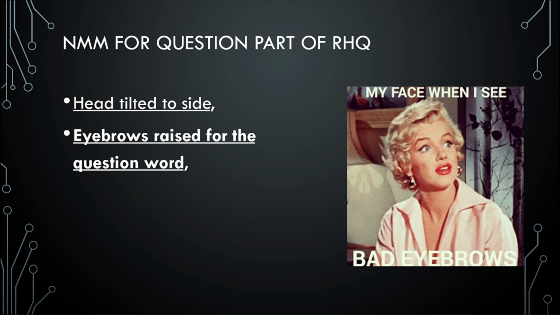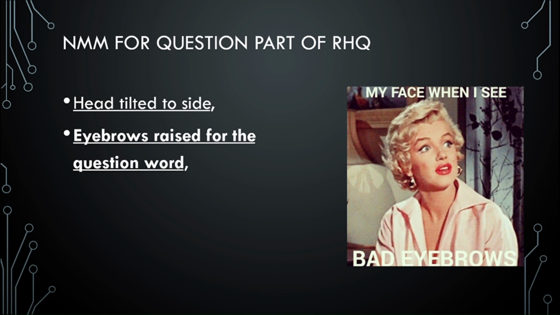But if we're looking at why, that's a WH question, and you told us to put our eyebrows down for that. Yes, for a WH question, your eyebrows go down. But we are talking about rhetorical questions, and your eyebrows go up for that.